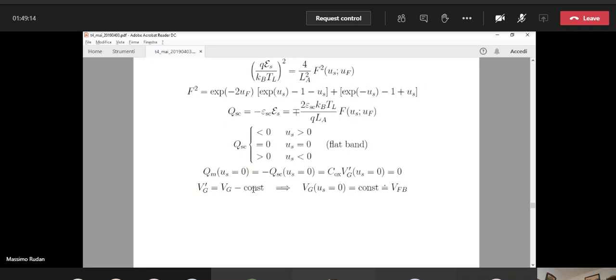And this constant, as you remember from the discussion before, is the difference of the work functions between the semiconductor and the bulk metal. This constant is a constant voltage that we call the flat band voltage. We call it VFB. So in conclusion, Vg prime from now on will be Vg minus V of flat band.